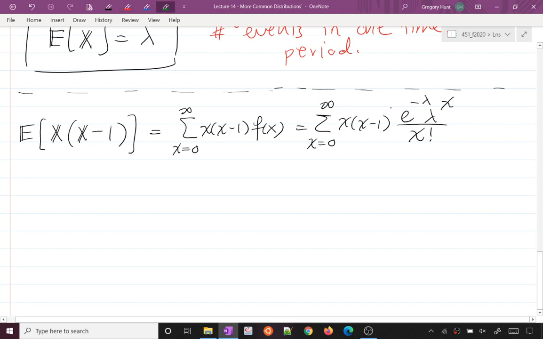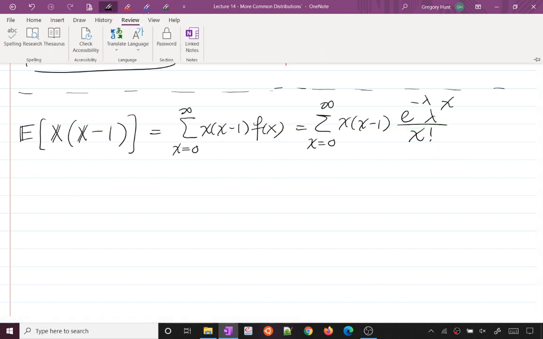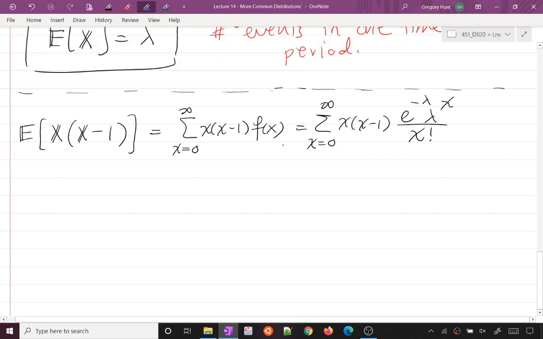I'm going to play a similar game. Actually, let's hold up here. First thing we want to note is that when x is 0, the whole expression, the summand, is 0. When x is 1, x minus 1 is 0, so the whole thing is 0 also. So actually, I can restart my sum at x equals 2.